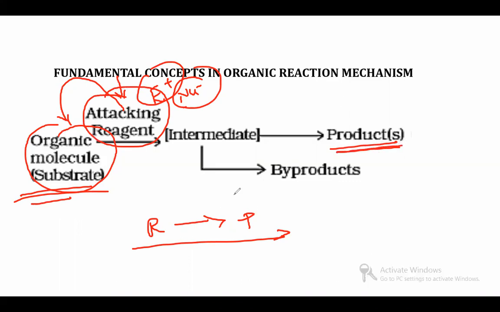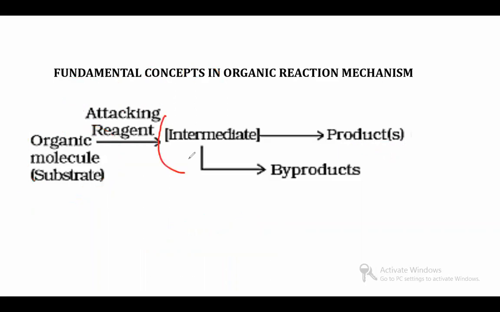Before the product forms, there will be an intermediate state in between the reactant and product. The middle state of the reaction is called the intermediate. Okay, the intermediate is also called the transition state.